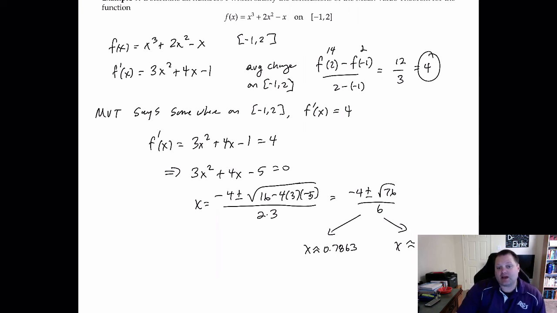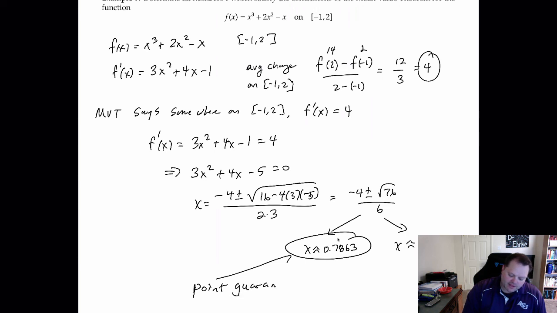I'm guaranteed that at least one of them, maybe both of them, but at least one of them has to be on the interval. So if we're looking at negative 1 to 2, this point's not on the interval, but this point is. So this is the point that's guaranteed to exist by the mean value theorem.